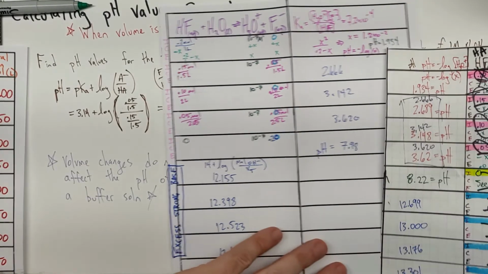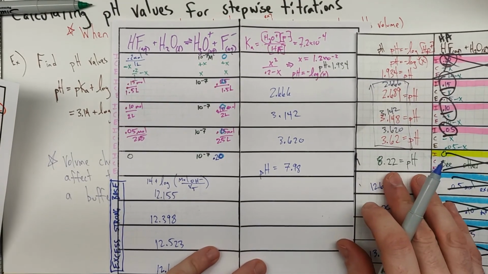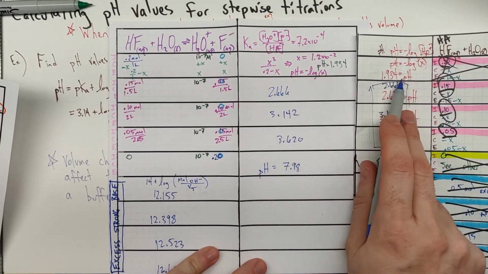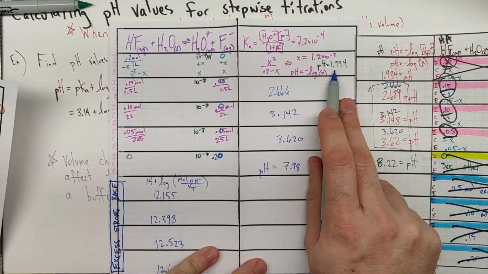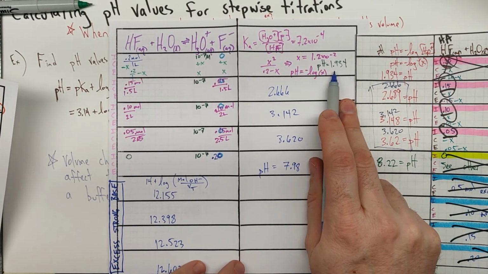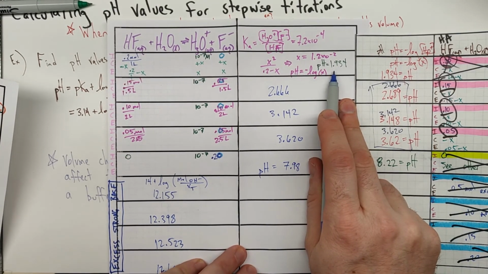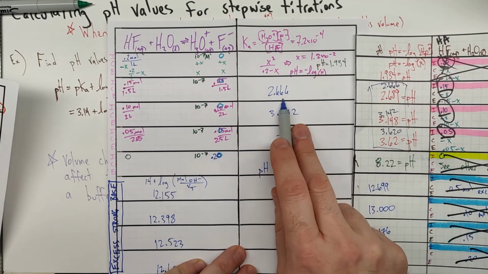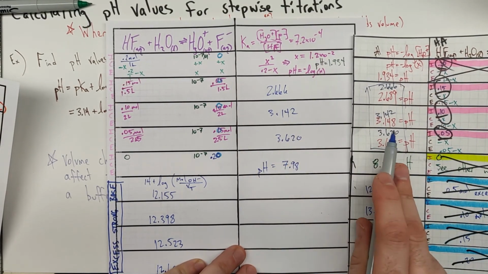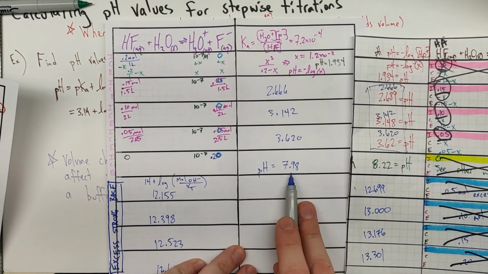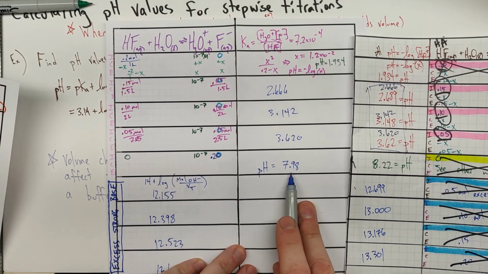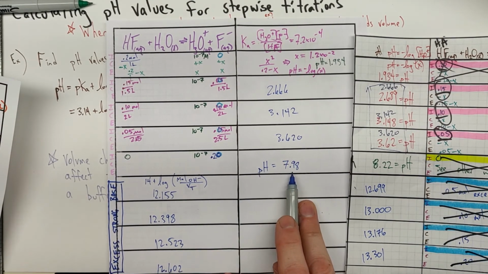And now let's take a look at how things changed. The initial pH stayed the same, 1.934, because it was 0.2 moles in 1 liter, just like in the first example problem. Same because it's a buffer. The pH went down. It's not as basic because the solution is more dilute.